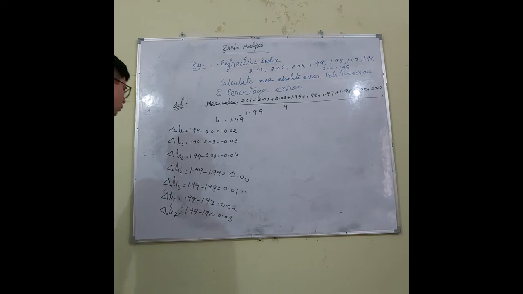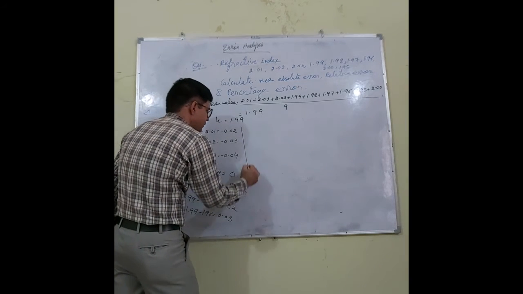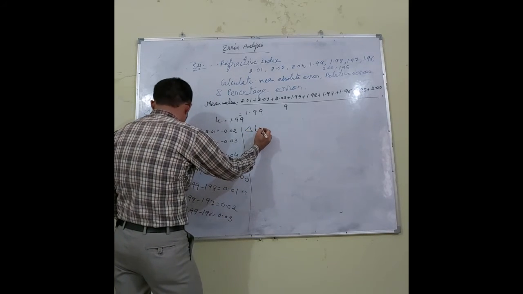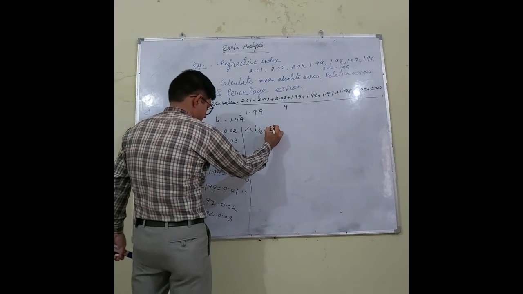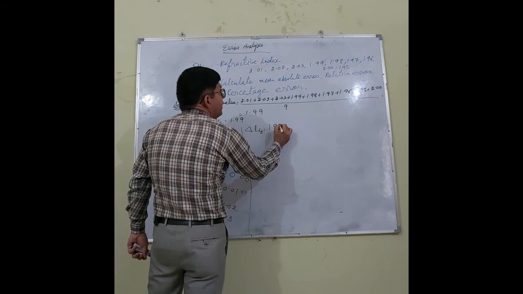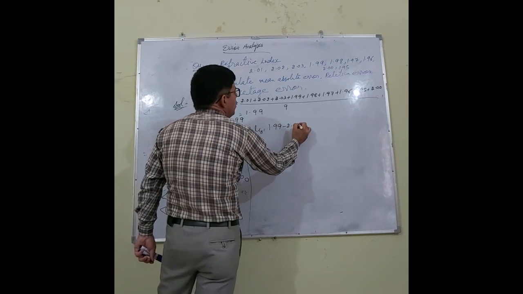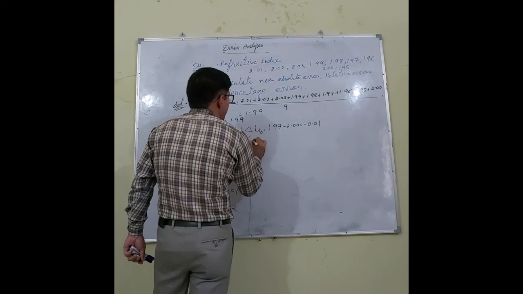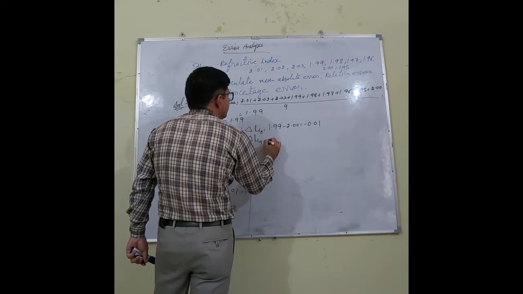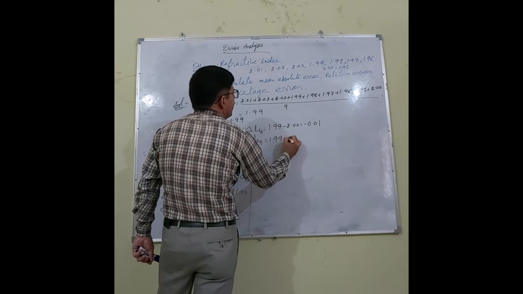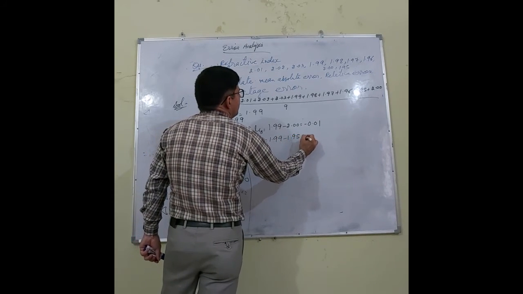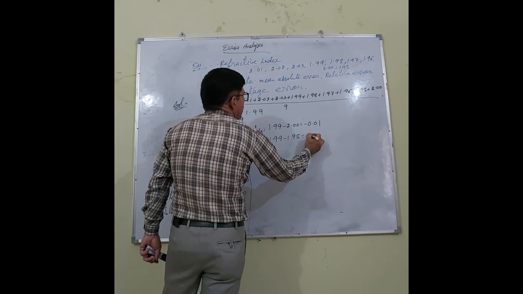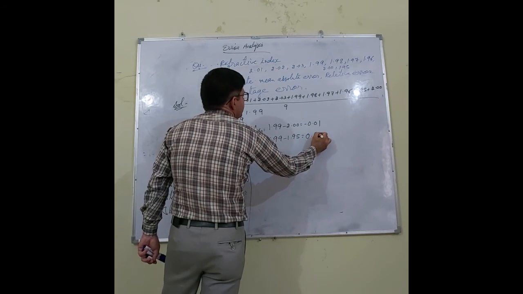Again I have the value 2, so in the eighth one, the actual value is 1.99 and the measured value is 2, so it is minus 0.01. And in the last observation, 1.99 minus the measured value 1.95 is 0.04.